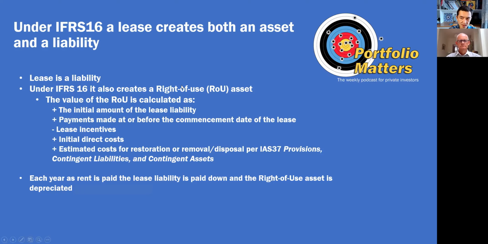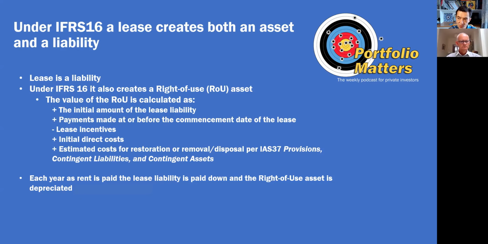But a lease is also an asset, and it gives you the right to use an asset for a certain period of time, and that creates this right of use asset, which is equal and opposite to the lease liability. And the value of the right of use asset is calculated as the initial amount of the lease liability plus any payments made prior to the commencement of the lease minus lease incentives.